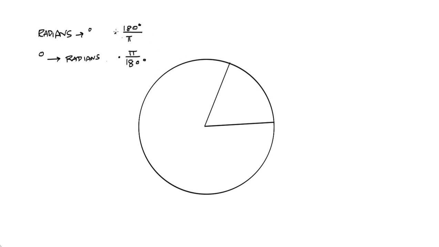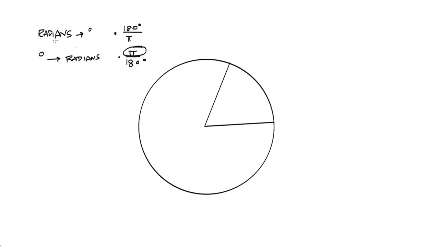The way to remember this, or at least the way I choose to remember it, is that in most cases, radian measurements have pi in them. Degrees don't. So if I'm going to multiply by something, say I have degrees, and I want the pi to show up in my final answer because most angle measurements in radians have pi, I'm going to want that pi on the top so it shows up, right?